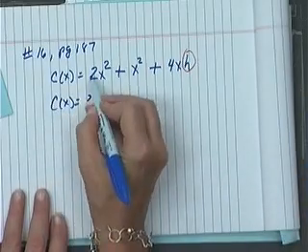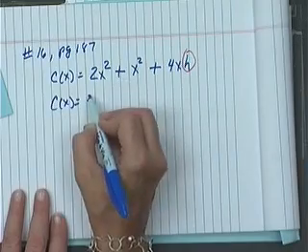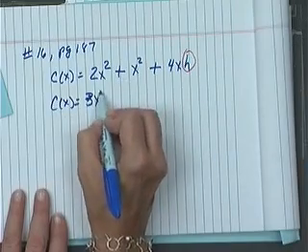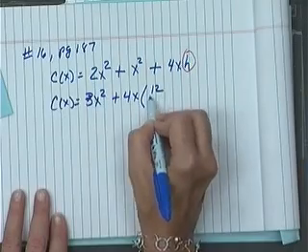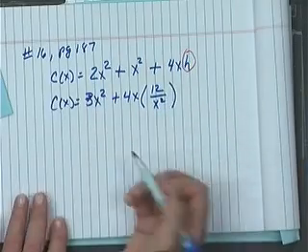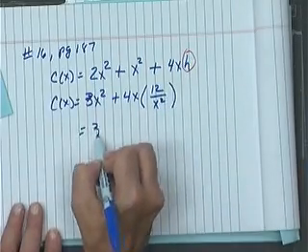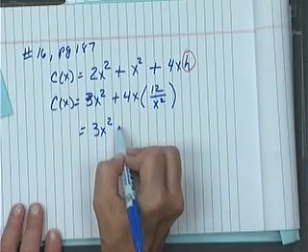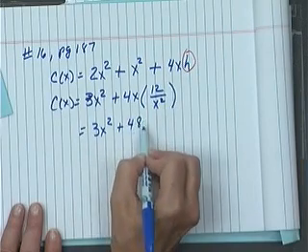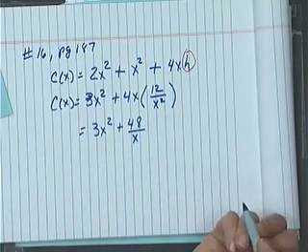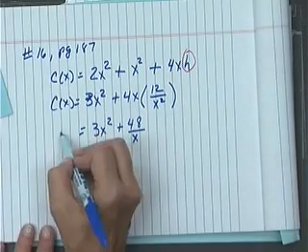C of x equals, well, I'm going to add 2x squared plus 1x squared and get 3x squared plus 4x times 12 over x squared. 3x squared, what's the rest? Plus 48 over x. Okay.